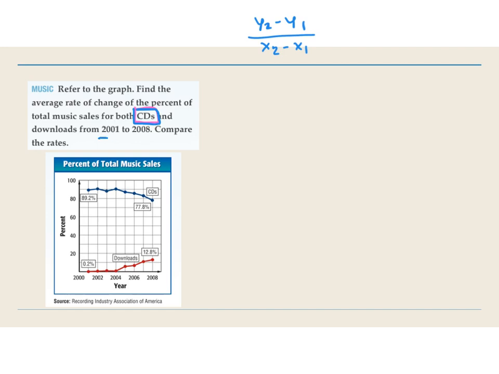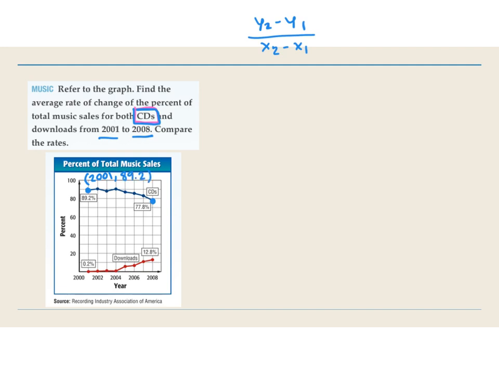So from 2001 to 2008, we are going from this point here to this point here. So we could say that this point, looking at our x-axis, this is 2001. And at 2001, our CD sales is 89.2.